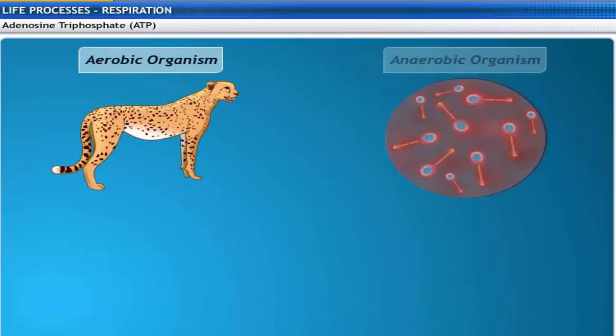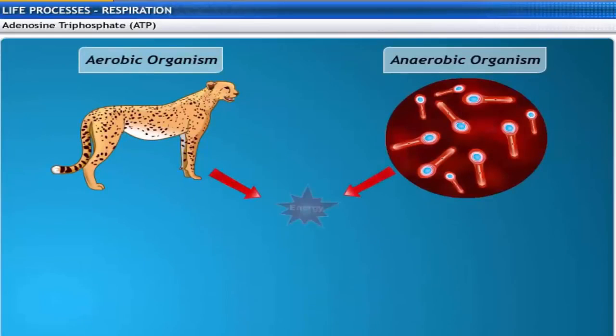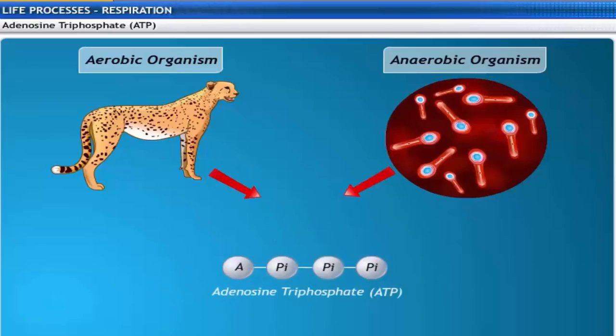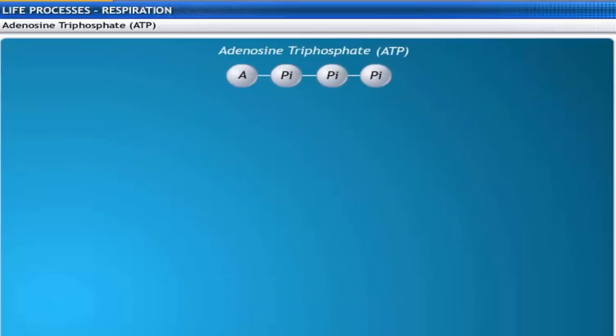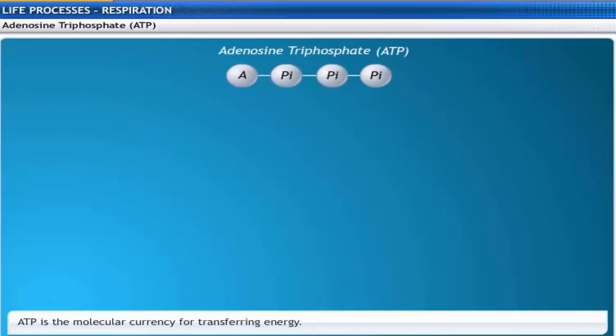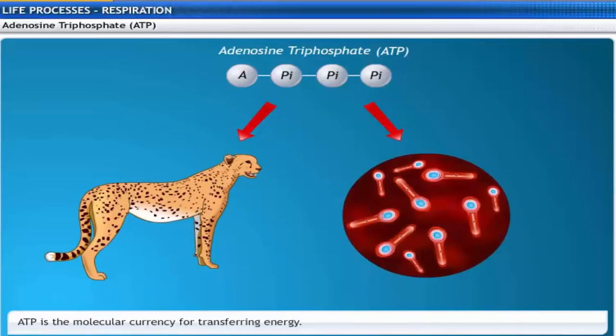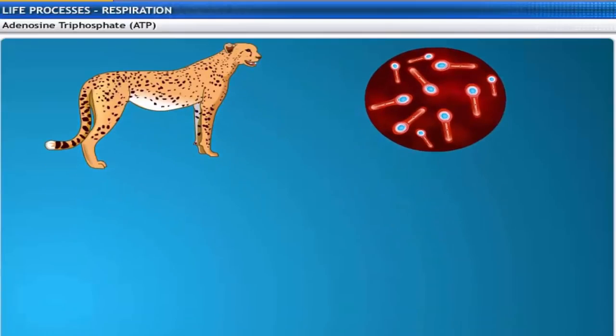Both aerobic and anaerobic respiration release energy. This energy is used to combine adenosine diphosphate (ADP) and inorganic phosphate to form adenosine triphosphate (ATP) molecules. ATP is the molecular currency for the transfer of energy in most cellular processes.